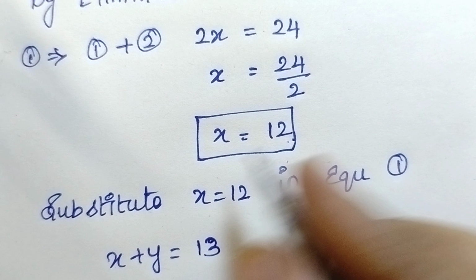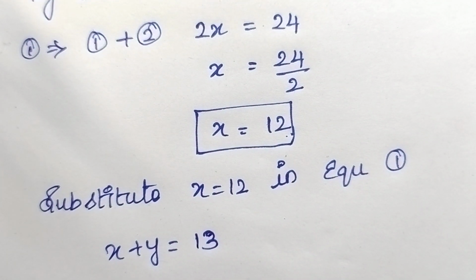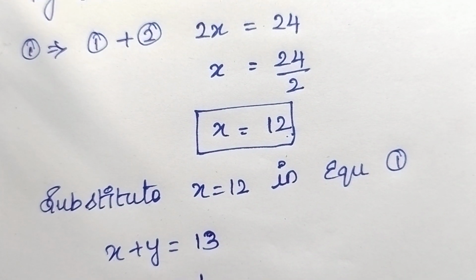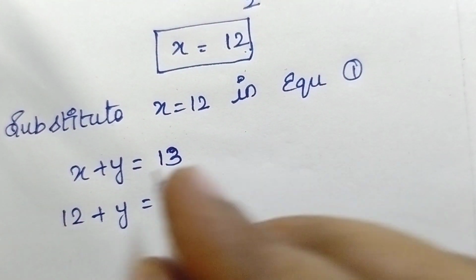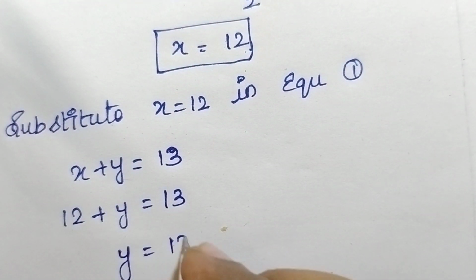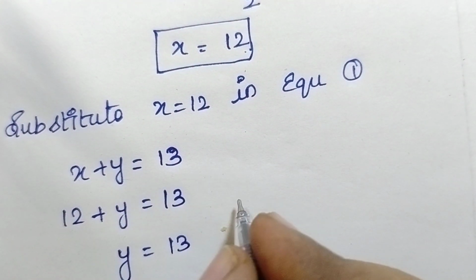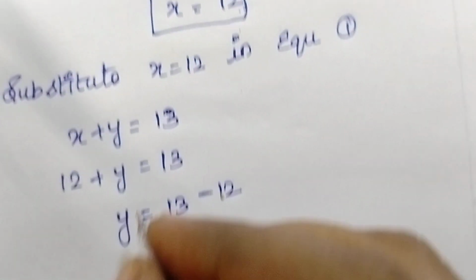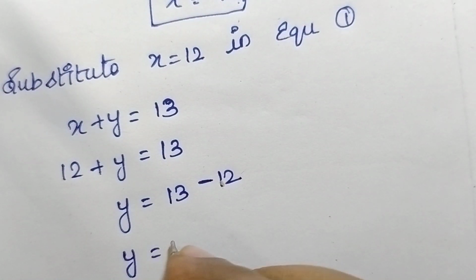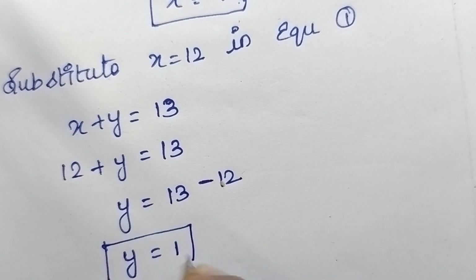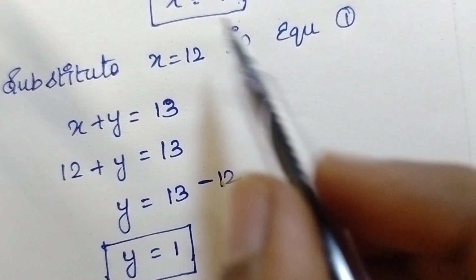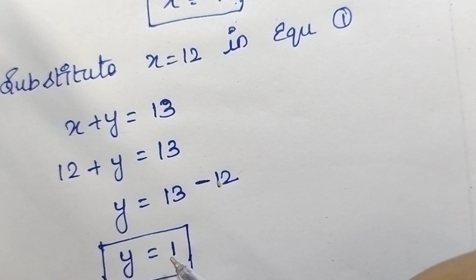We already found x is equal to 12. Just substitute that here. 12 plus y is equal to 13. If I shift this number to the left hand side, it becomes minus 12. So therefore y is equal to 1. So by solving these two equations, we found x is equal to 12 and y is equal to 1.